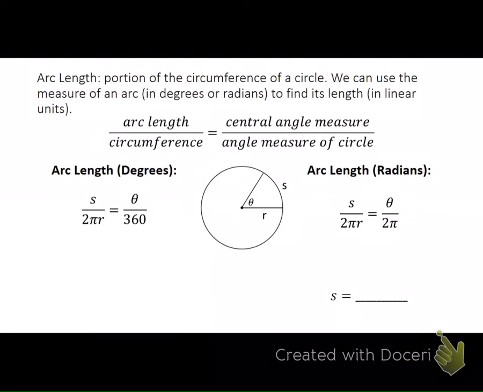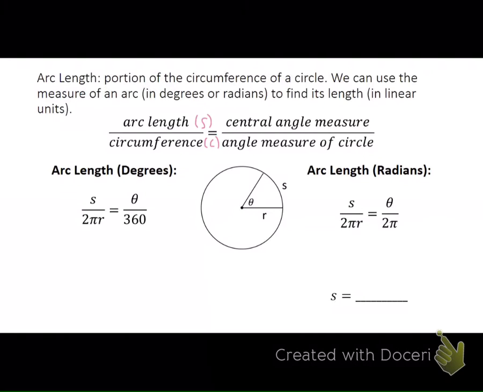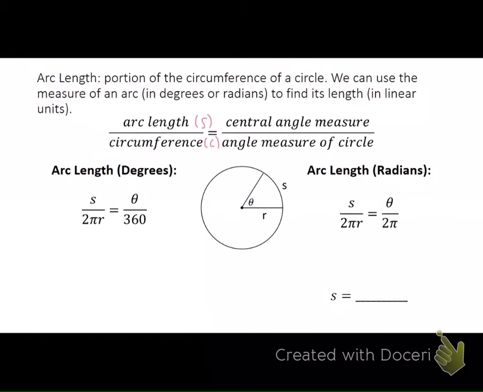So our proportion here is that you're going to take the arc length, which is going to be S. So arc length, which we're going to call S, over the circumference. So why does that make sense? Arc length over the circumference is the proportion of the circle, right? The portion over the circle, this part of the circle over the whole, right?